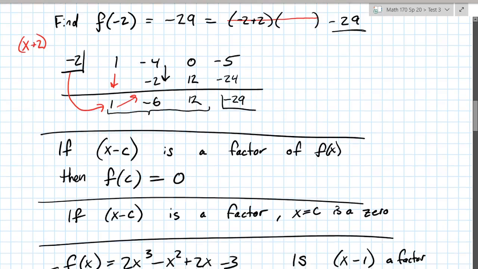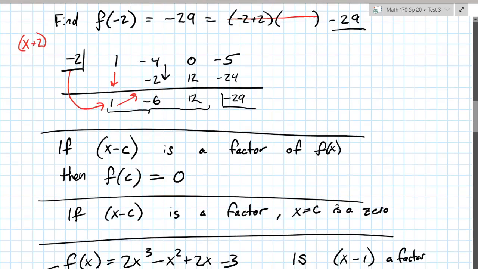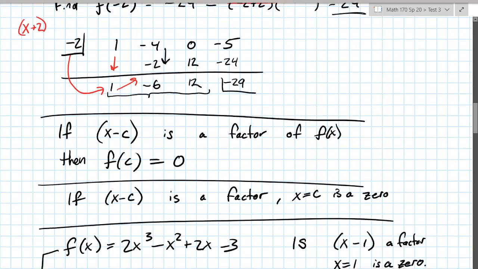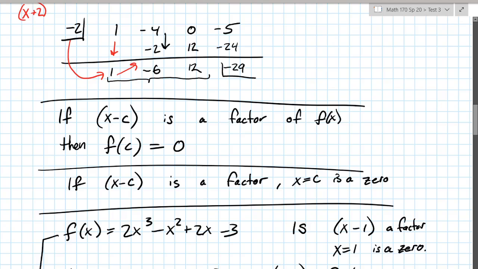Well, what that means is if x minus c is a factor, then x equals c is a 0, or an x-intercept. And that's our goal, is to find x-intercepts.